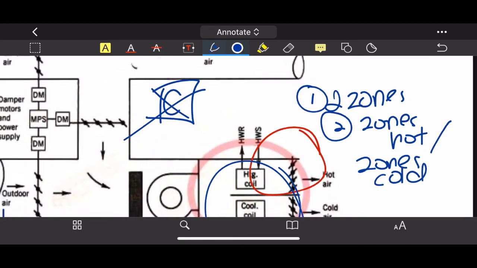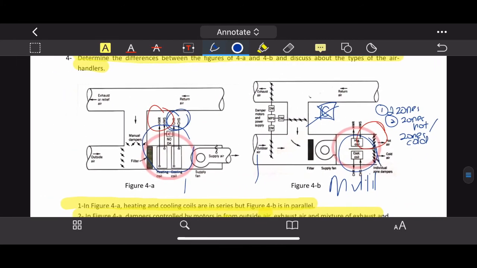Okay, technically, basically, this is how multiple zone is designed. But sometimes, right, sometimes this section can also be placed after the filters, so that the whole section can be cold, or the whole section can be warm at the same time, even though they are multi-zones.